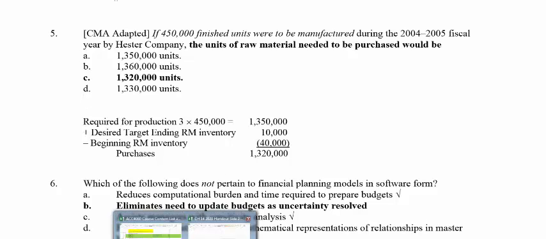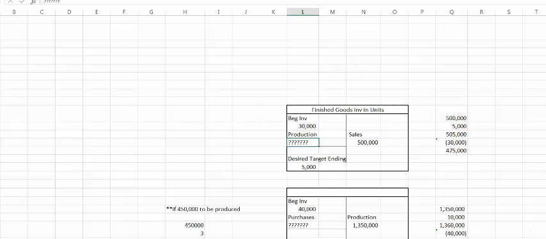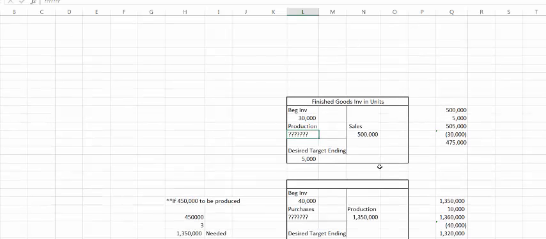Again, looking at it in a T account format here, here is the beginning inventory of 40,000 units. Here is the total number of units required for production. That's where we multiplied the 3 times 450,000 and got that result.